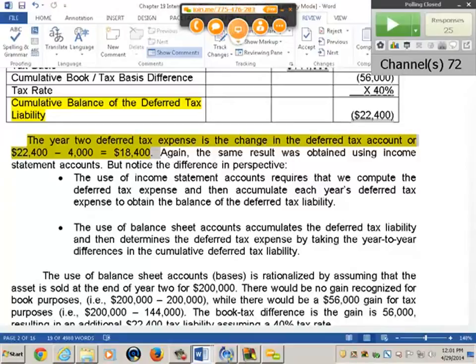Now, question, based on the little exercise we just did a few minutes ago, is that going to now create a tax asset or a tax liability? The carrying value of the assets for book is 120. The tax basis of the asset, just assume it's one asset, a plant asset, a factory that I'm going to depreciate. It's on my books for 120. For my tax, it's only valued at 100. Is that a tax asset or liability? Liability, right. Because you have fewer tax deductions, you've got future taxable amounts.